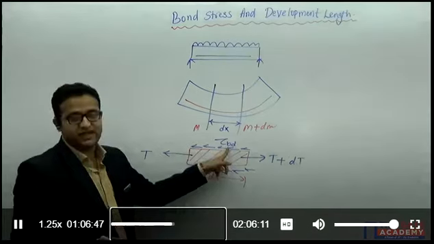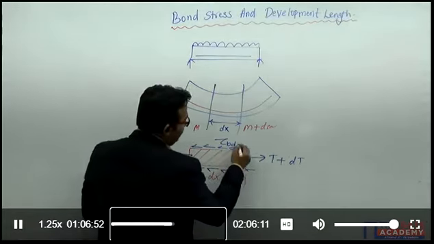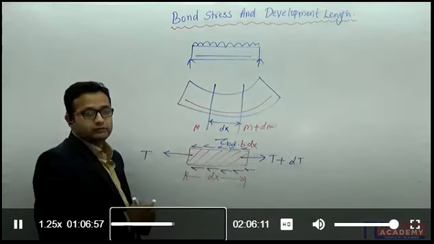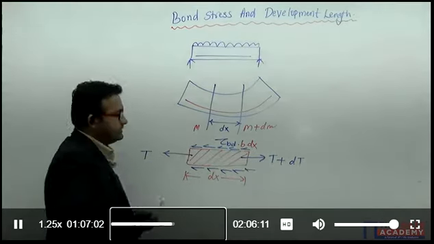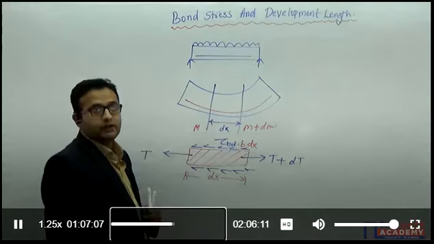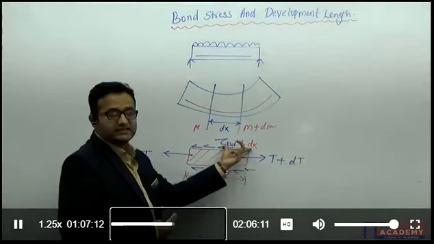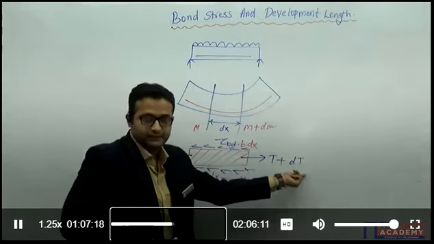Tau bd is the shear stress, and in terms of force, it can be written as tau bd into width of the beam into dx. Across the width of the beam and along the length dx, we can apply the force tau bd into b into dx. In the previous lecture also we have discussed this, and this force acting in this direction is equal to this additional force dT.